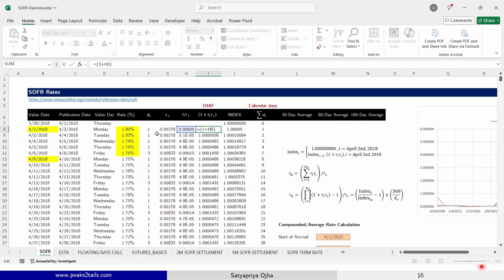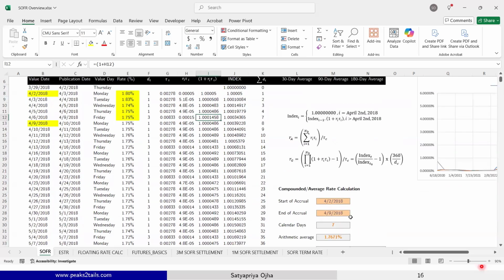So I'm doing r tau here, which is basically r times the year fraction, and then adding 1 to it. These are the daily factors. CME calls it the DIAF, the daily interest accumulation factor, which is like, for one day, the growth factor: 1 plus r times year fraction. Get all those, then you multiply, subtract 1, and annualize.